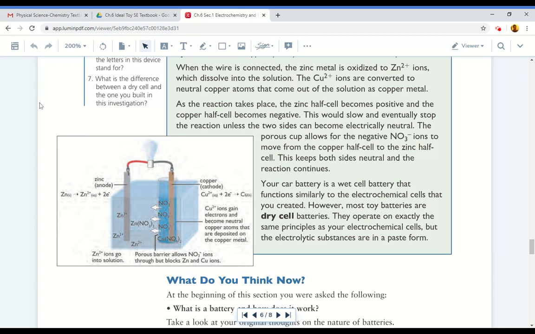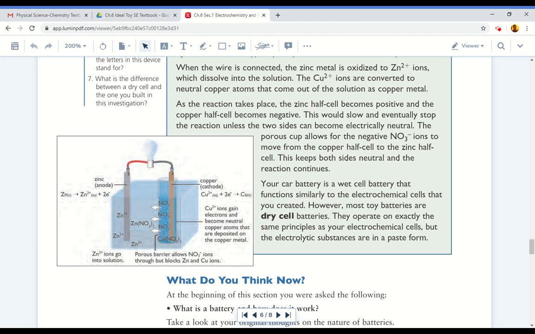When the wire is connected, the zinc metal is oxidized to zinc ions, which dissolve into the solution. The copper ions are converted to neutral copper atoms that come out of the solution as copper metal. As the reaction takes place, the zinc half cell becomes positive and the copper half cell becomes negative.